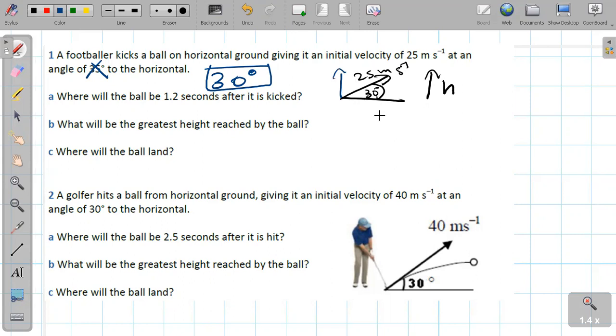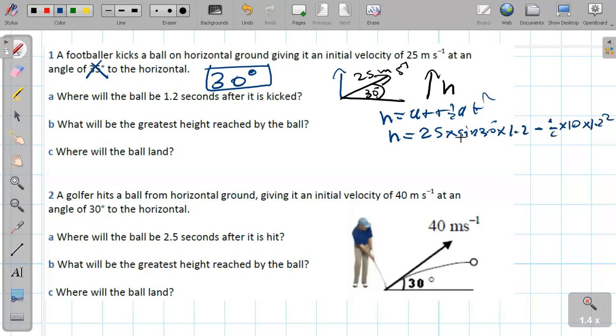Right. h equals ut plus half gt square. This is what you can apply. So h is going to be, u is 25 sine 30 times 1.2 minus half into 10 into 1.2 square.